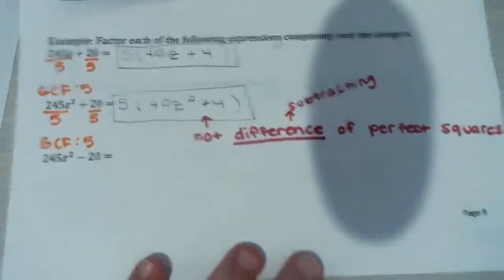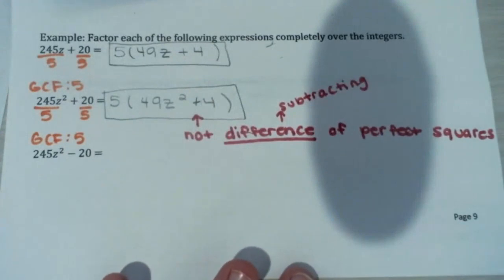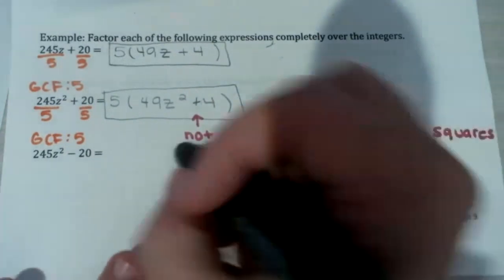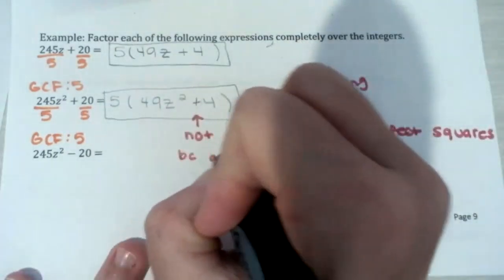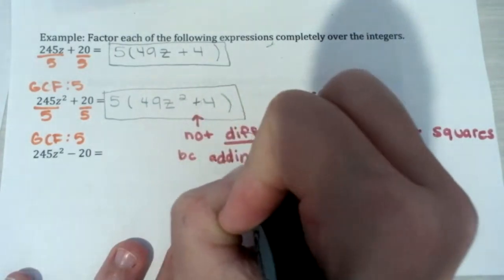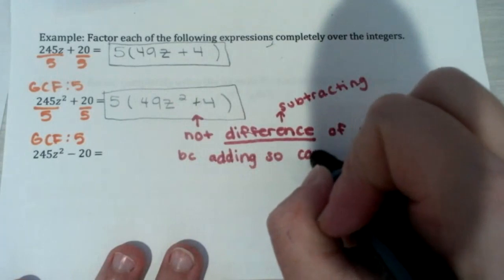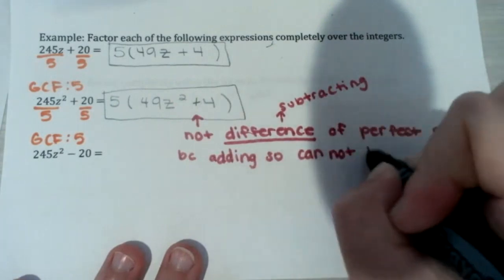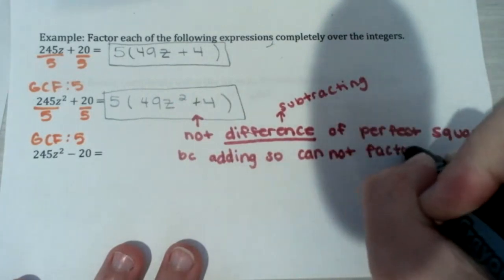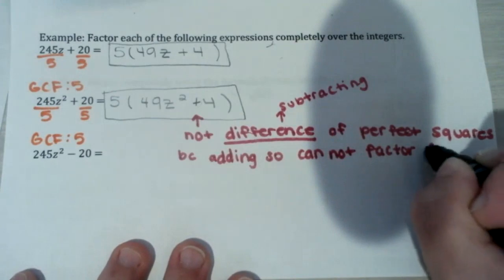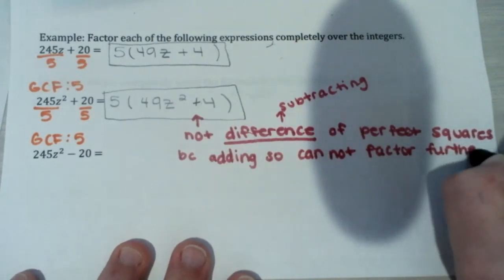Because it's adding, it's not a difference of perfect squares. I'll write on here, because adding, so cannot factor further. So we just have to leave it. Can't do anything else.